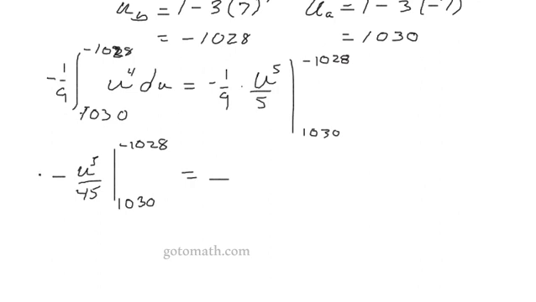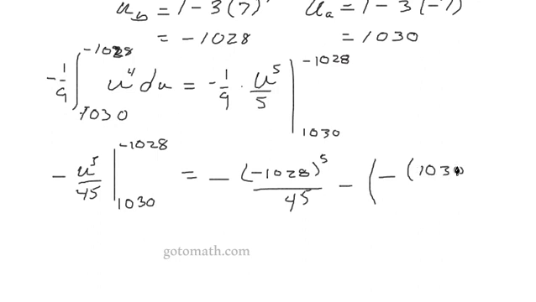Bringing the negative out, so we're going to have in parentheses negative 1028 raised to the fifth power over 45 minus, remember to start a parentheses, it's just good practice. And then let's see, our lower bound is 1030. We didn't have to put that in parentheses, but we ended up doing it anyway.